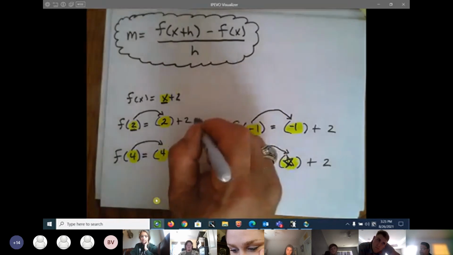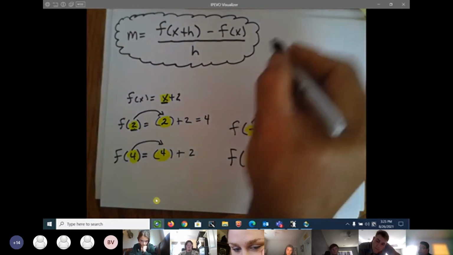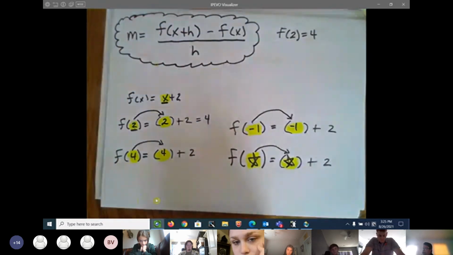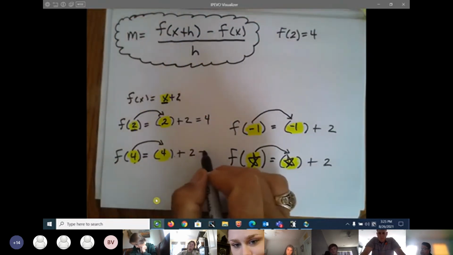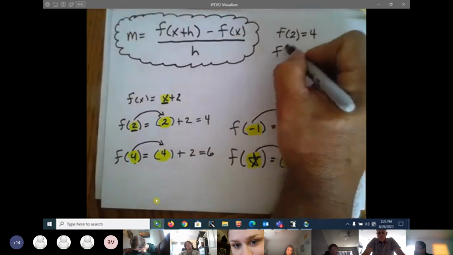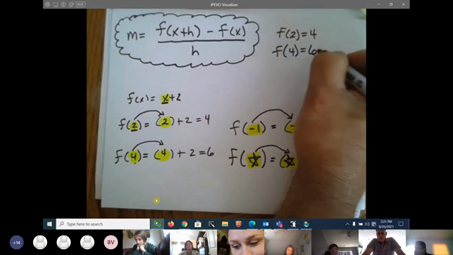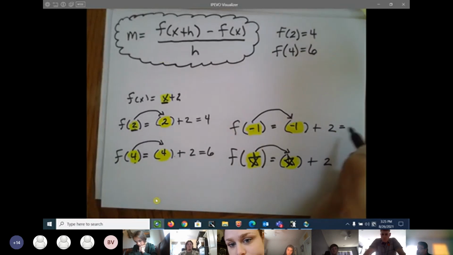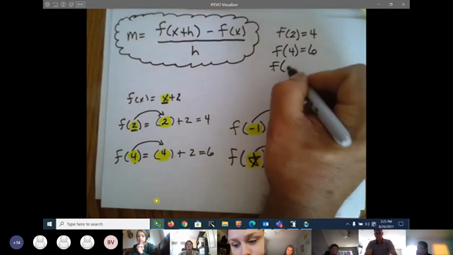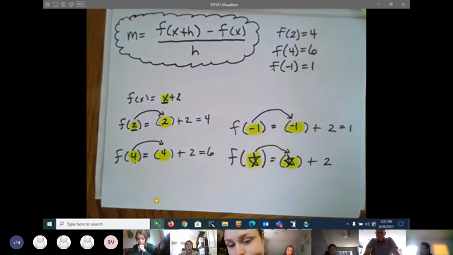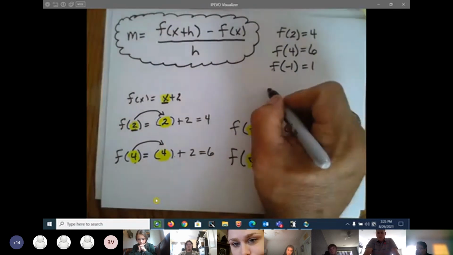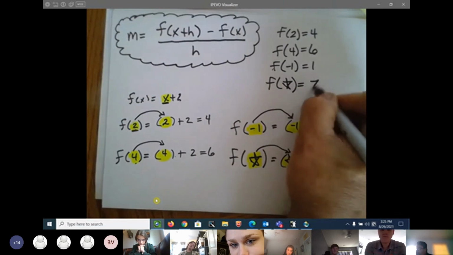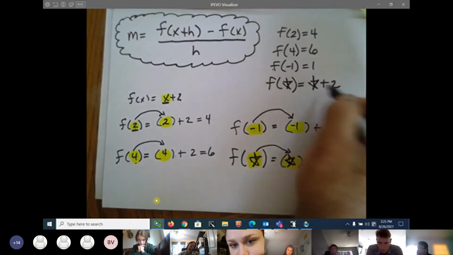So my answer here is 4. So f of 2 is equal to 4. f of 4 is equal to 6. f of negative 1 is equal to 1. And f of star is equal to star plus 2.